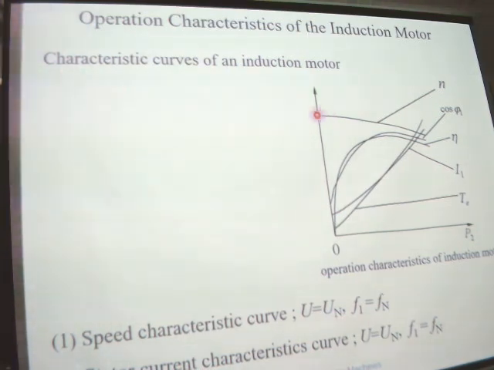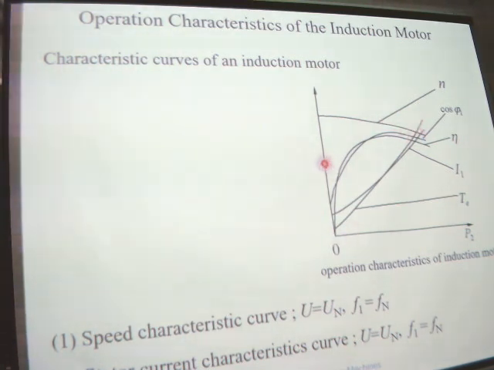The x-axis is the output power. The larger the output power, the lower the speed. But it's nearly a straight line, just a little downward.